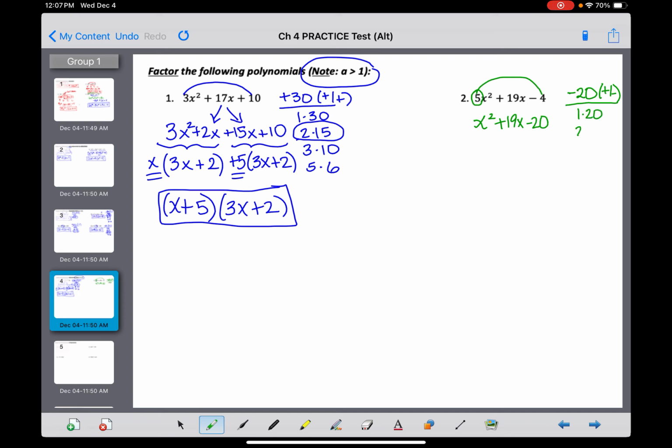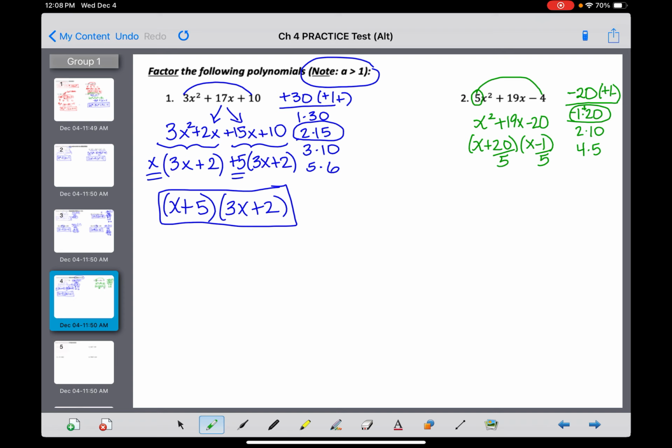Well, there's 1 and 20, there's 2 and 10, and there's 4 and 5. And if I want a positive 19, that means it has to be 1 and 20. And to get positive 19, it has to be a positive 20 and a negative 1. So I write x plus 20 and x minus 1, but then don't forget the divide step in slide and divide. So now I'm going to divide by 5 on both of these.